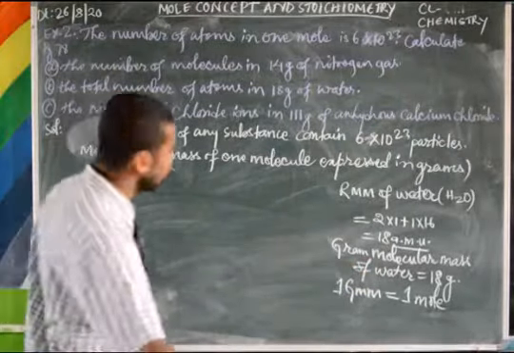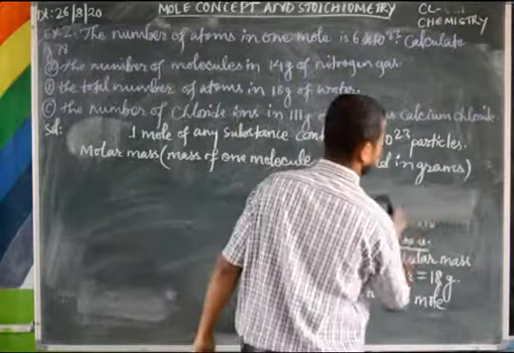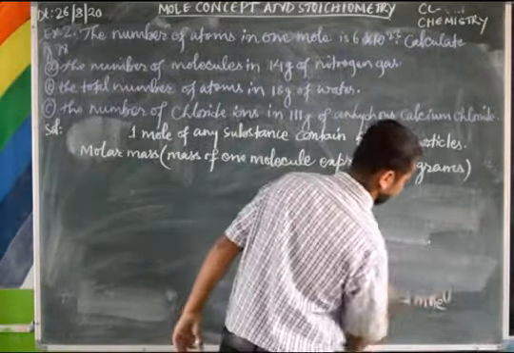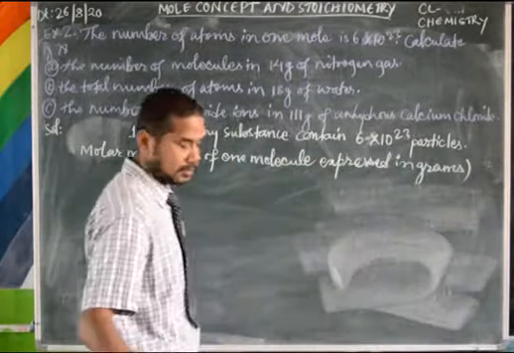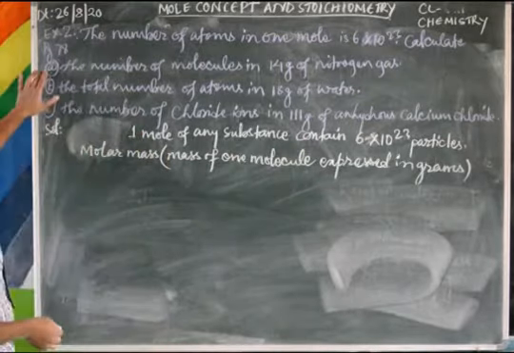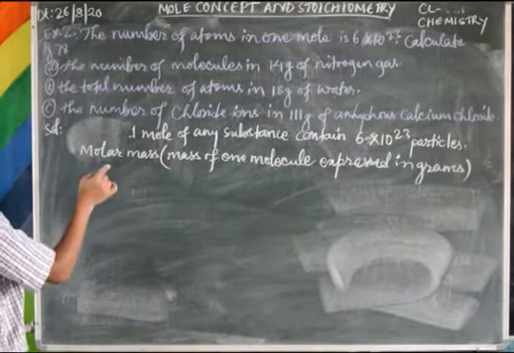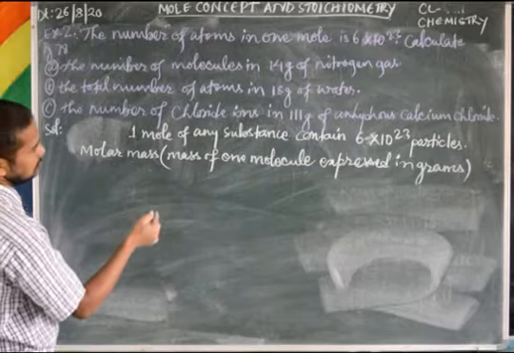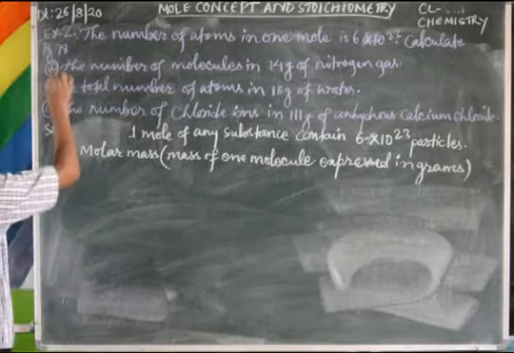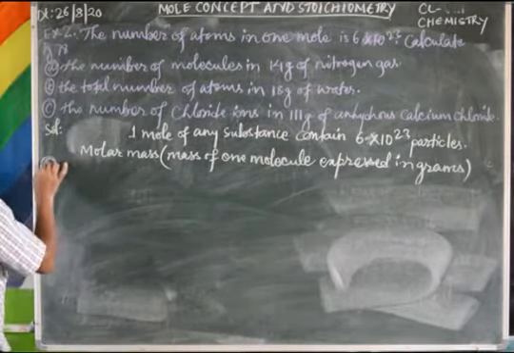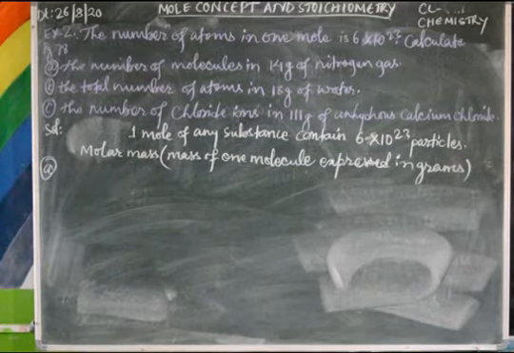Now what is here in A? The number of molecules in 14 gram of nitrogen gas.